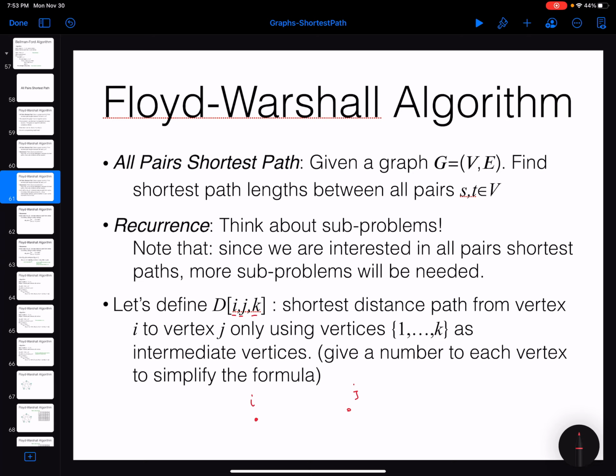Just give some label to all the vertices, and you can only use the vertices from 1 to K. You can see that this is basically putting a constraint over the number of edges implicitly as well.